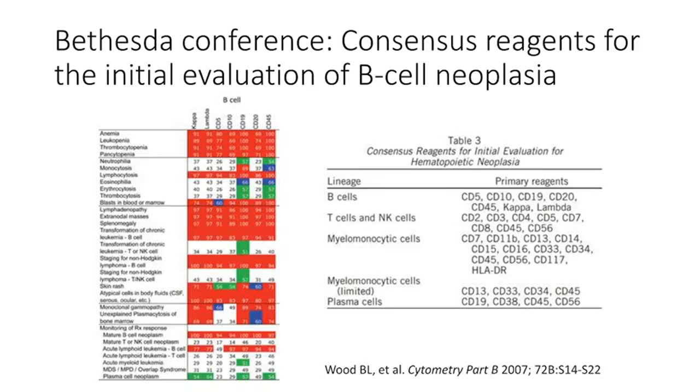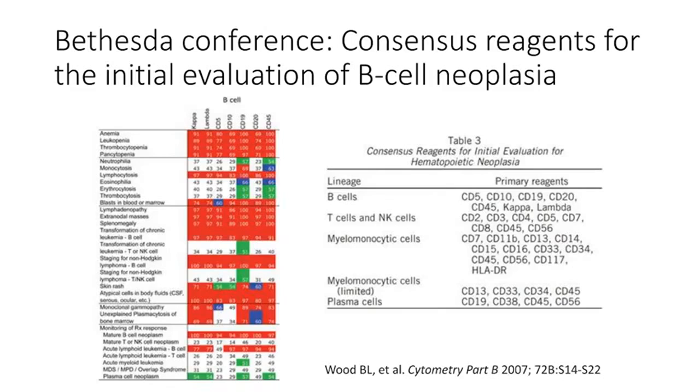Well, in terms of the indications, the medical indications, cytopenias, lymphadenopathy, extranodal masses, splenomegaly, and so on and so forth, there was really tremendous consensus that 7 antigens really should be assessed in screening for B-cell neoplasia in any of these situations. And those 7 antigens were CD5, CD10, CD19, CD20, CD45, and kappa and lambda immunoglobulin light chains.